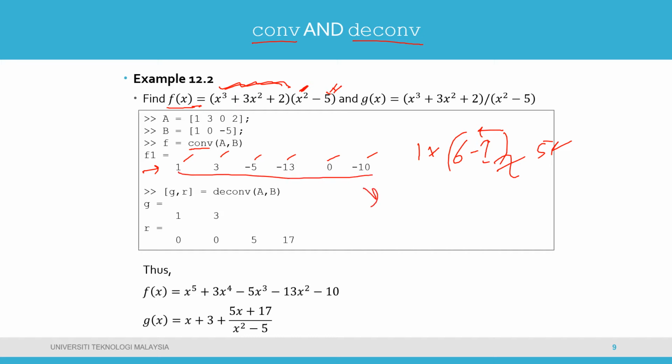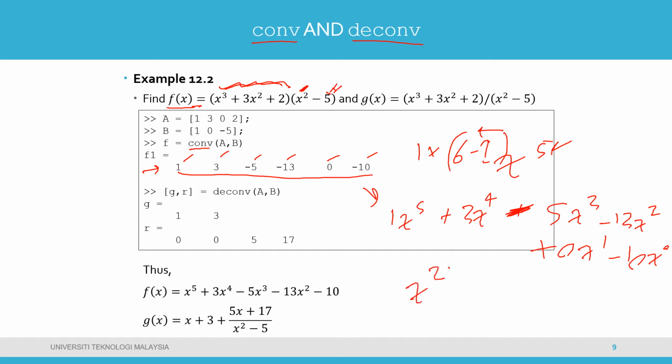Okay, so 1 is 1x power of 5 plus 3x power of 4, minus 5x power of 3, minus 13x power of 2, plus 0x power of 1, minus 10 times x power of 0. So this is not a simplified version, so you have to make sure it is simplified.